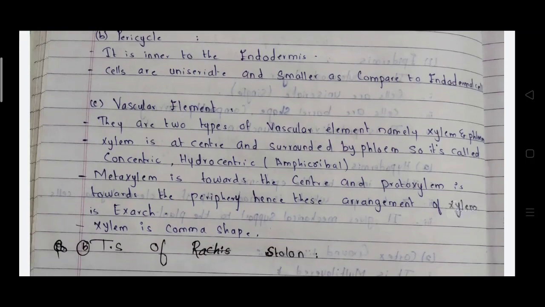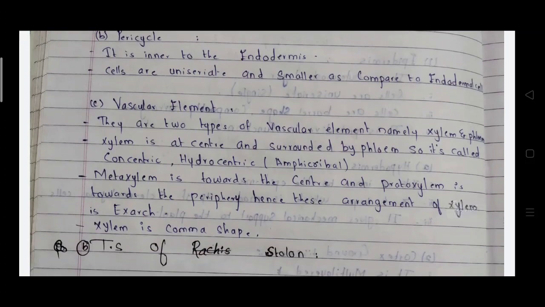In the xylem, the metaxylem is present towards the center, and the protoxylem is towards the periphery. This condition of the xylem is called the exarch condition.